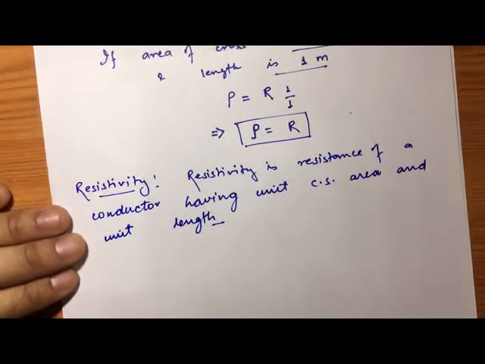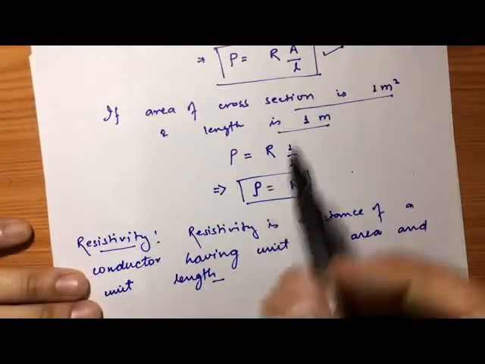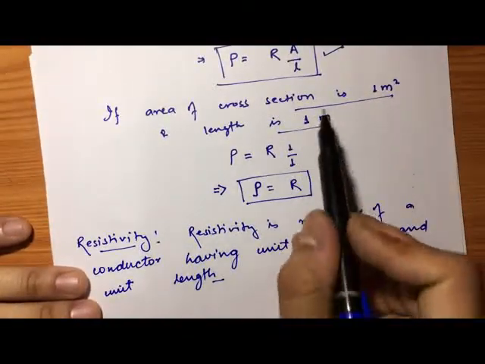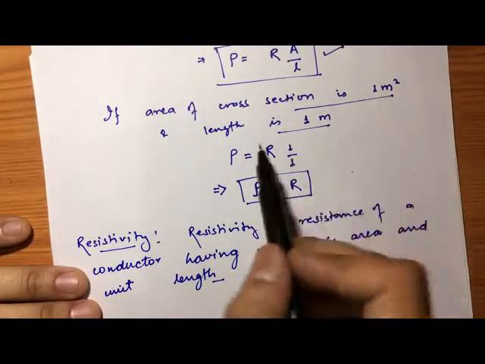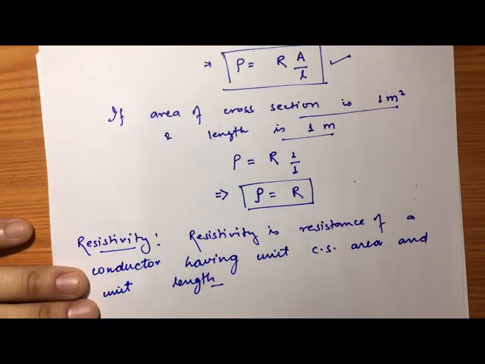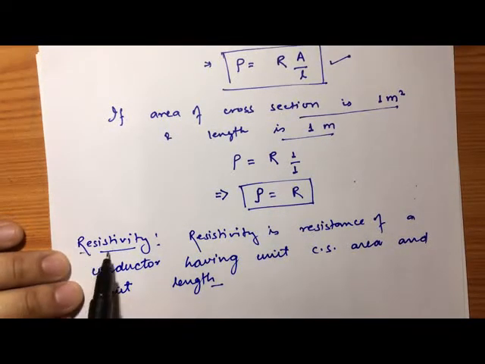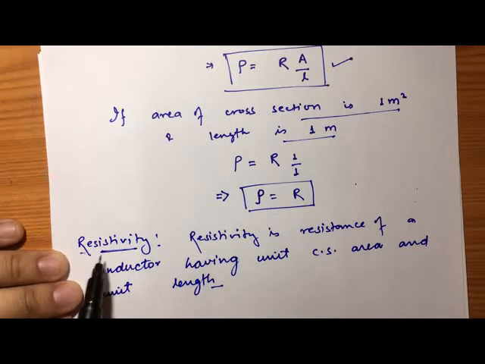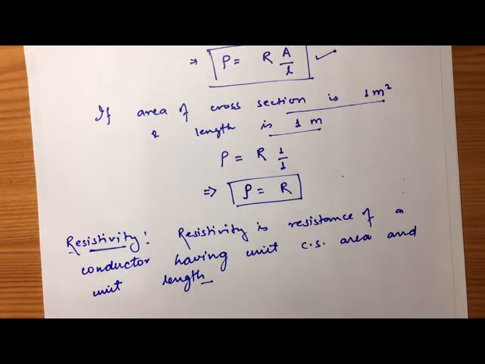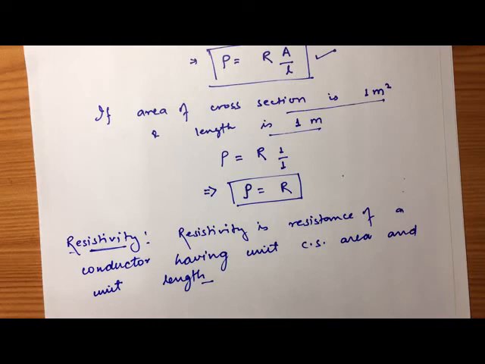So this is valid only in this case, when the cross section is 1 meter square and the length is 1 meter, okay? So resistivity, the term itself explains, resistivity is a property which tends to resist anything, okay? Resistivity is the property which tends to resist anything.